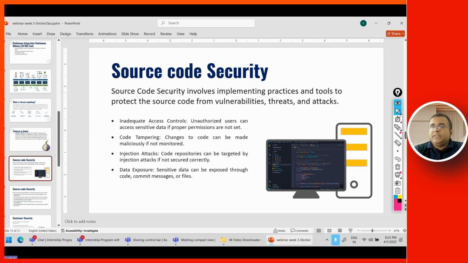In some situations, during the design phase, developers would have hard-coded certain usernames and passwords into the code, and by mistake that would have gone into production. Then anyone would be able to access it. That becomes very, very important. So code security plays a very important component here.